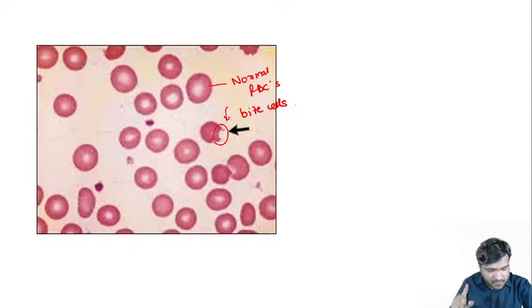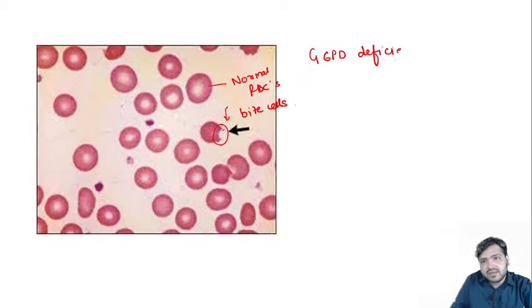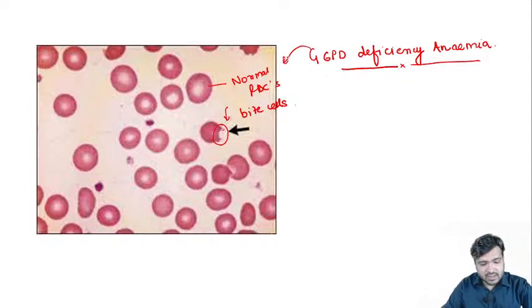It is more prominent in cases of G6PD deficiency anemia. Bite cells are more seen in G6PD deficiency anemia.